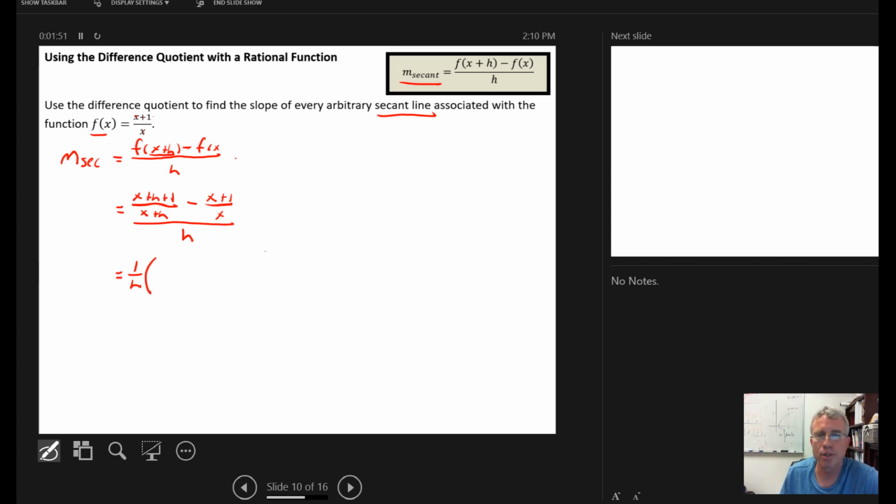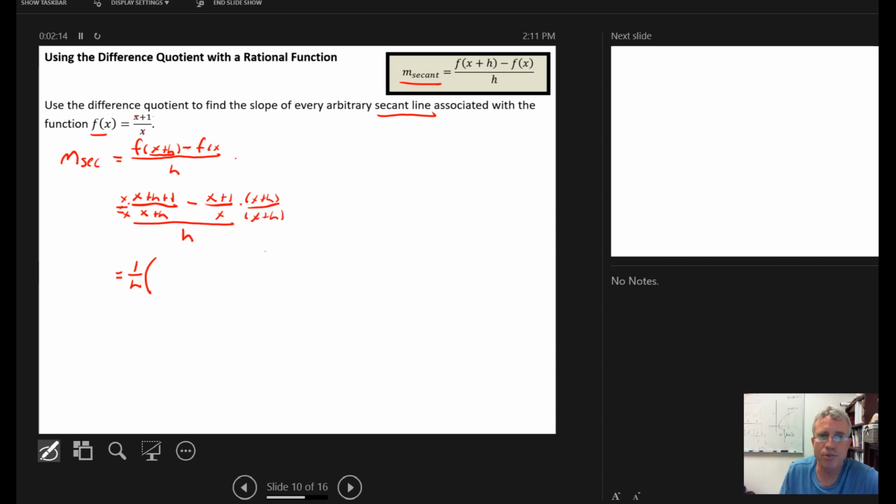So when we have a difference between two ratios, we want to find a common denominator. So my common denominator is going to be x times x plus h. So I need to multiply this one here by x over x, and this one here by x plus h over x plus h to get my common denominator.